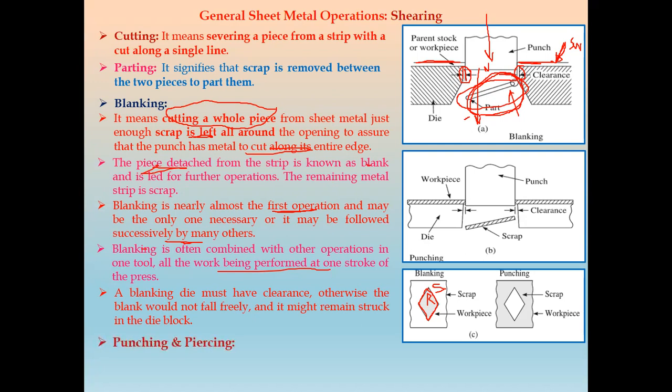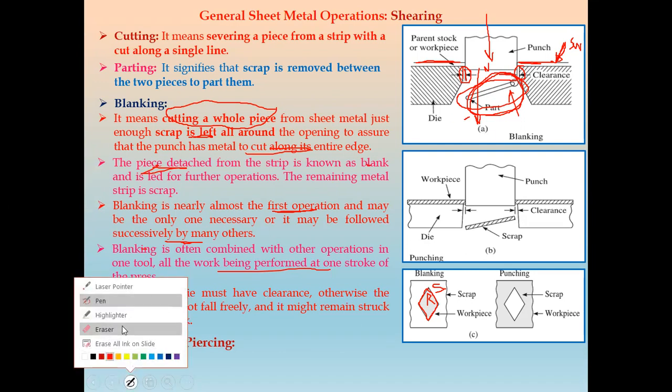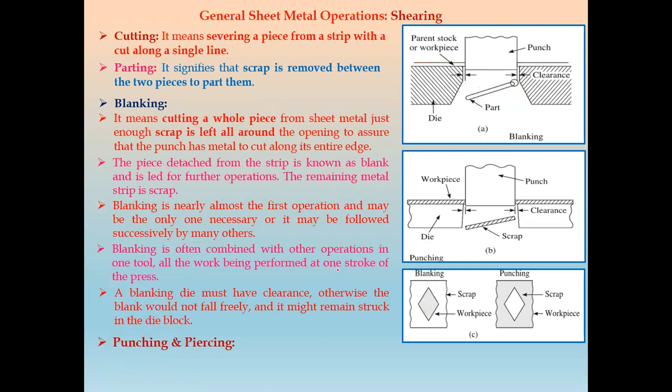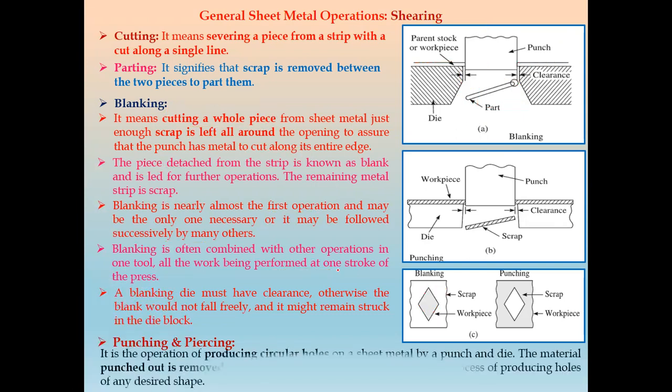Again, the next operation is called punching and piercing. So we will see this second operation, punching and piercing. In the case of blanking, we can have a circular shape or any other shape in the blanking operation.